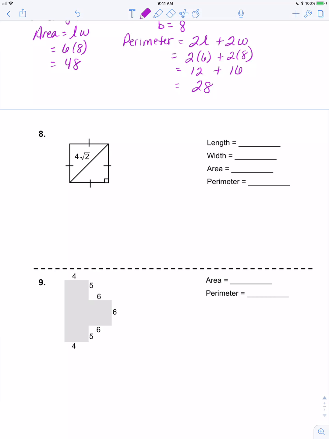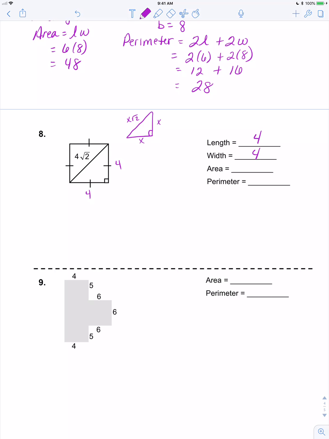I know this is getting a little bit long, so I'm going to just tell you, remember the 45, 45, 90 triangle. That's x square root of 2 for the hypotenuse, x and x. So that's telling us both these sides are 4. So I'm just going to speed this up just a little bit. The length is 4.